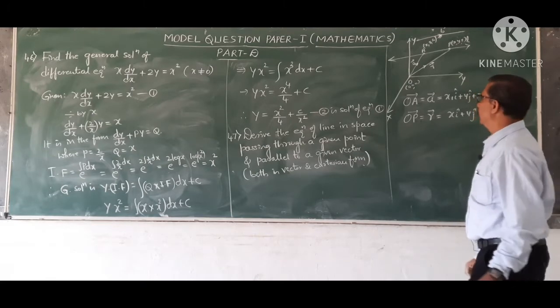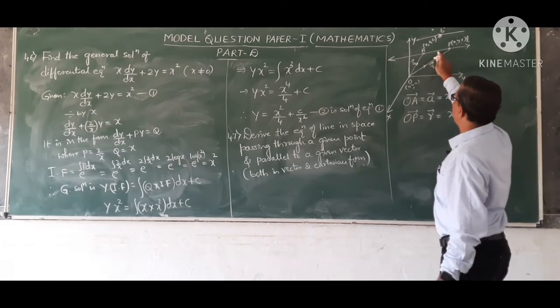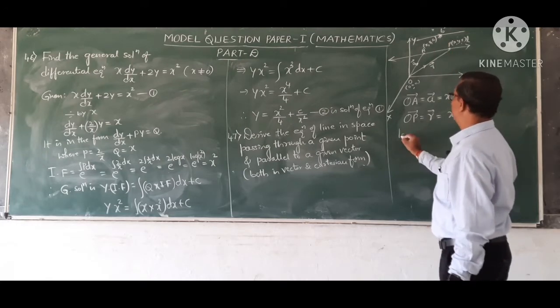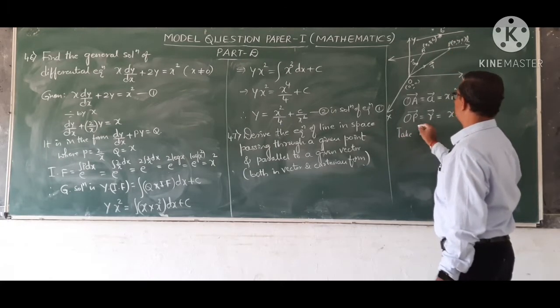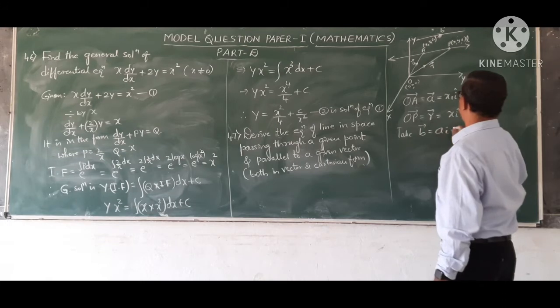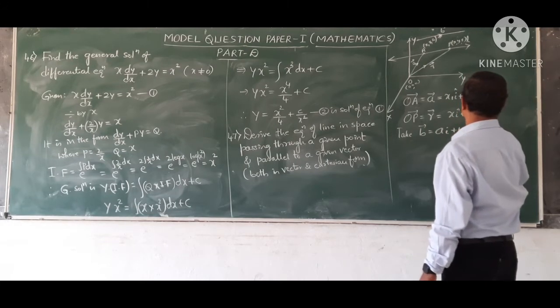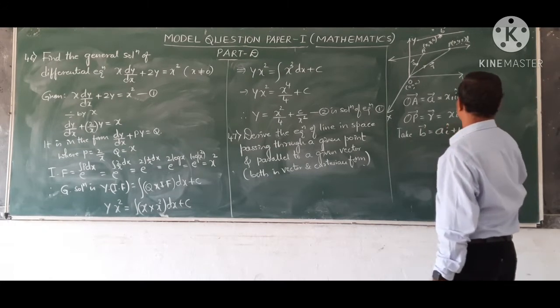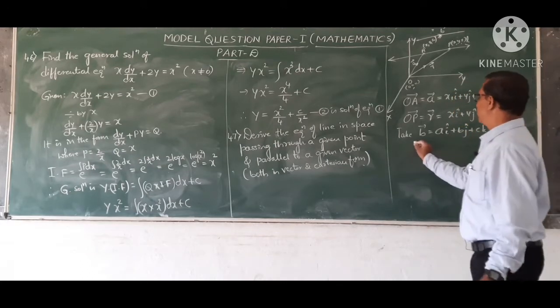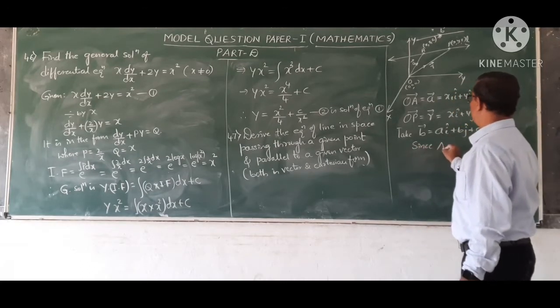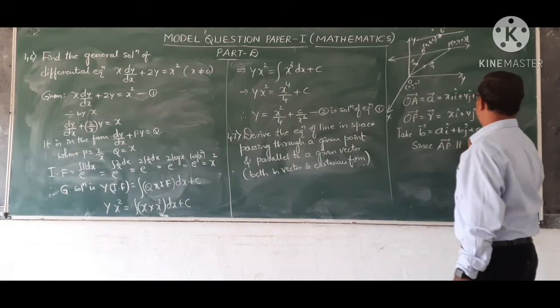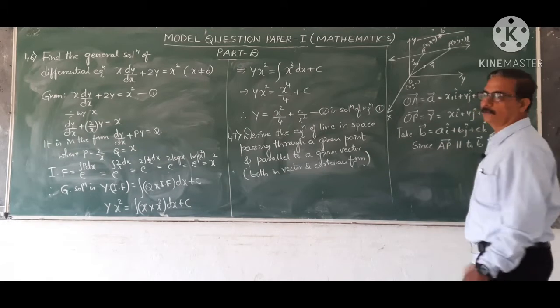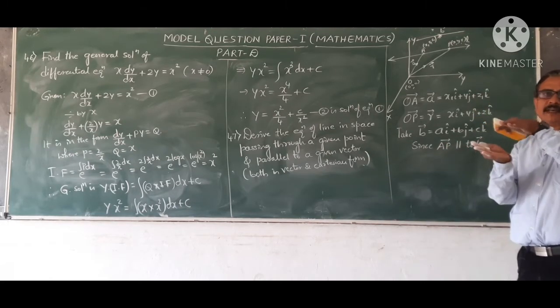Since AP is parallel to the vector B, now take B as a vector, say in general ai plus bj plus ck. Take any one vector. Since vector AP is parallel to vector B, clearly two vectors are parallel.